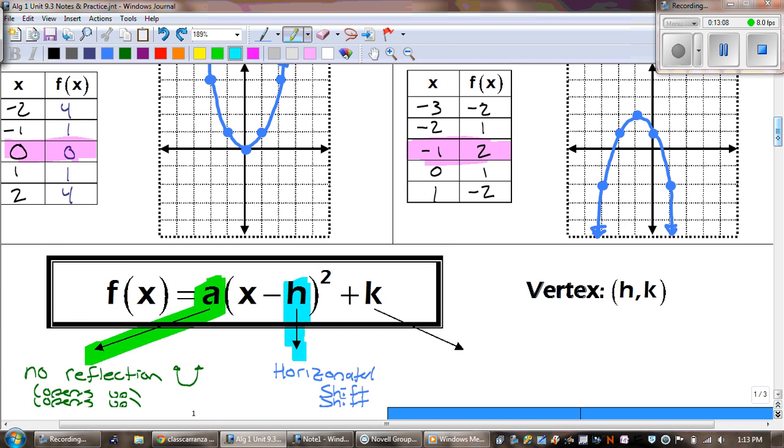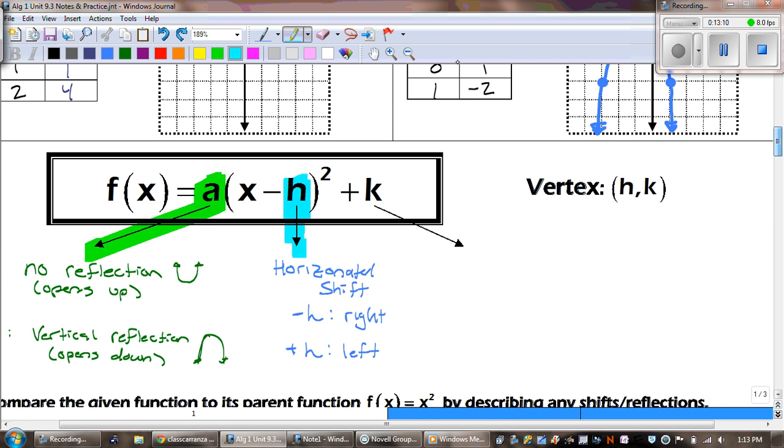Okay? And now our last part, which is the k, the k tells us the vertical shift. So the vertical shift, if we have a positive k, that tells us we are going up. And if we have a negative k, that means we are going down.